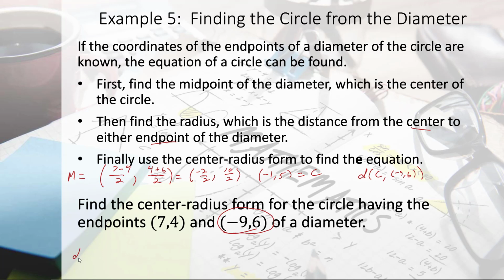Well, that distance is going to be equal to the square root of the square of the difference of the x values.